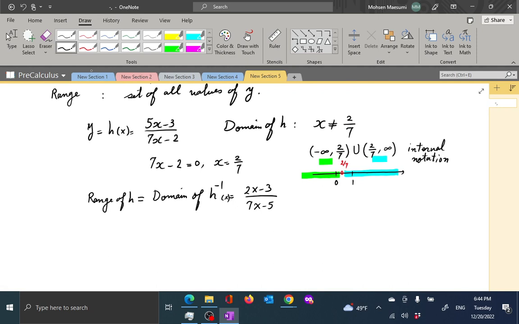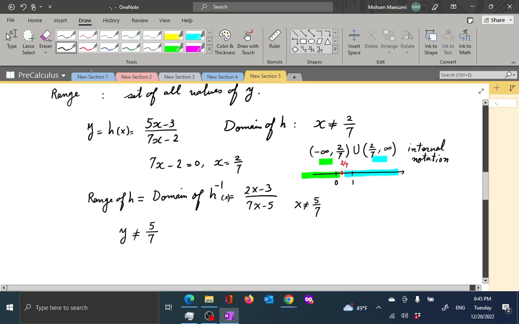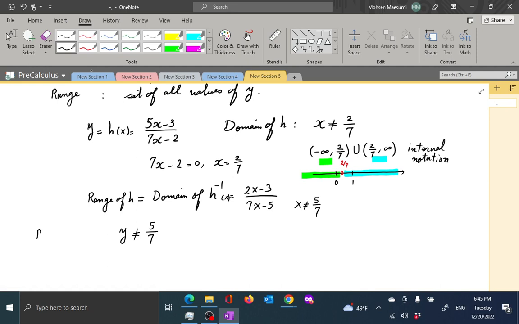Just like what we saw in this case, the number that is not allowed here is 5/7. Here x is not allowed to be 5/7. The way we describe it is that the range of h is all numbers, the output y, other than 5/7. That's going to be the range of h.